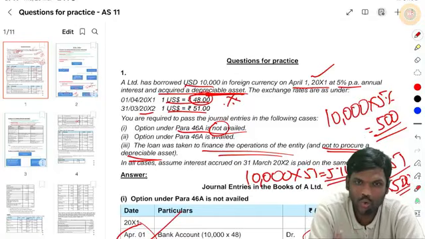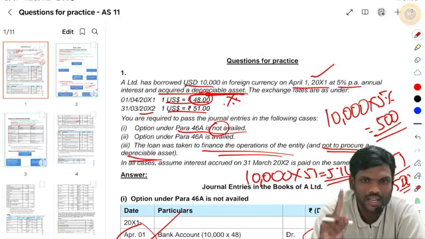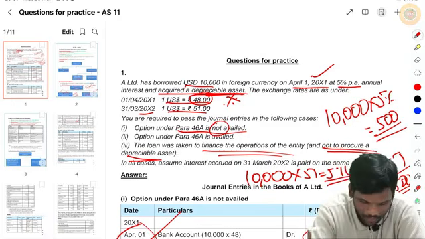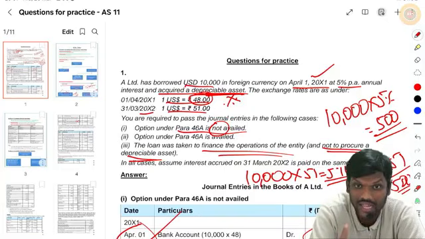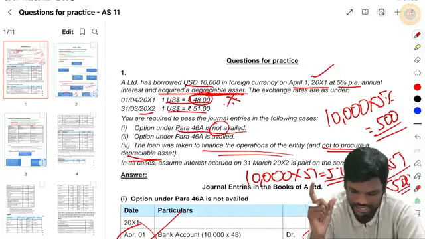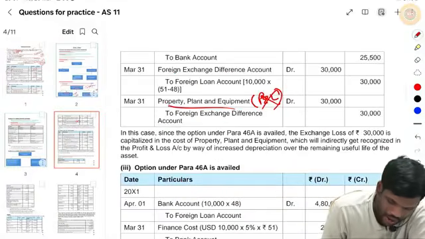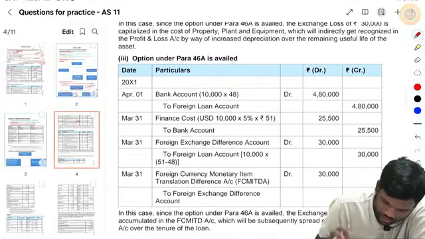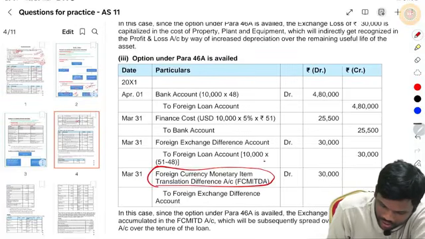Instead, that loan is used for other than a depreciable asset. Then, as we just discussed, if the long-term foreign currency monetary item is used for cases other than a depreciable asset, then the exchange gain or loss should be accumulated in a separate account called FCMITDA. So if you see here, now instead of debiting PPE, they have debited a separate account called FCMITDA.